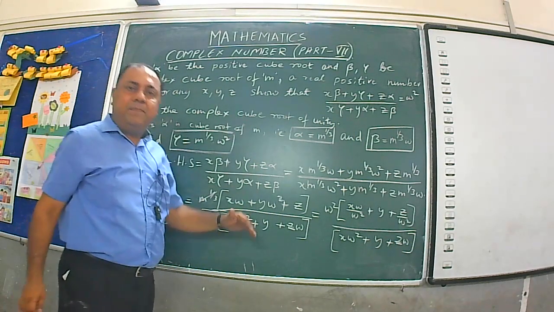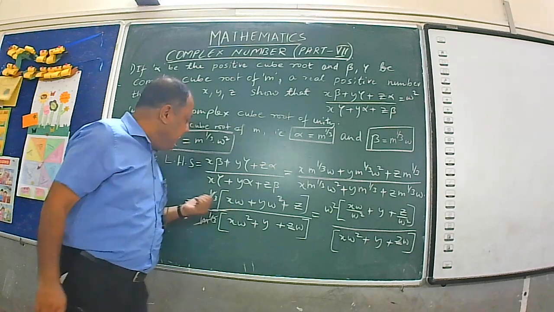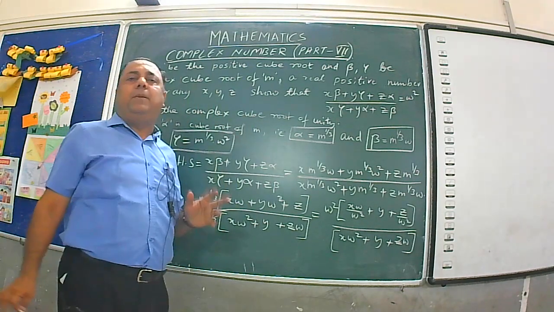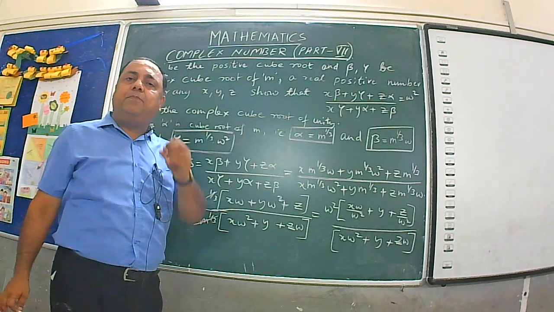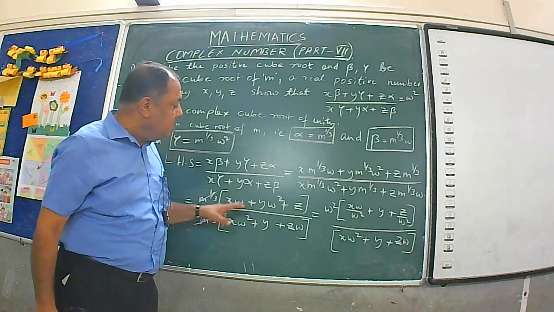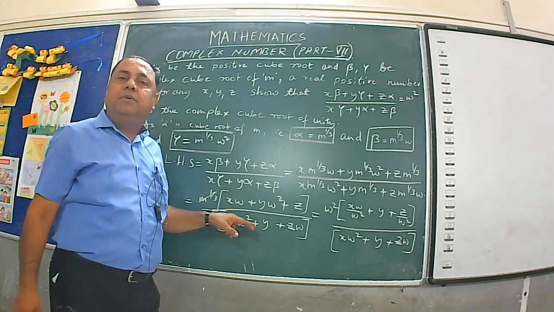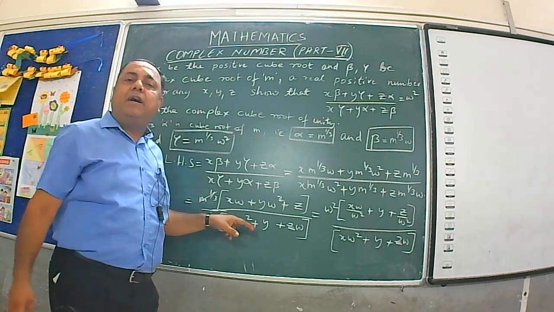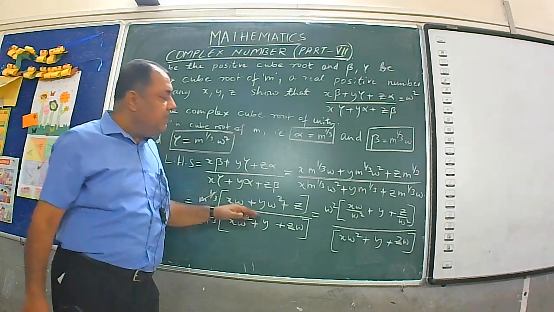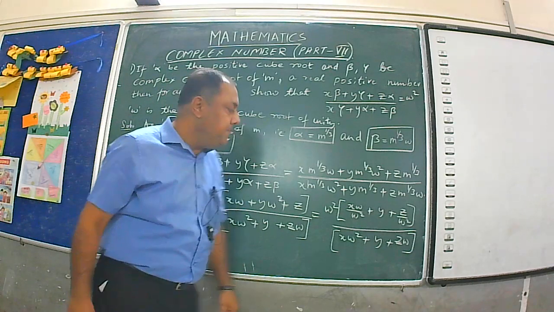Follow each step. After cancelling m one third, it becomes a simple problem. It becomes a problem which carries 2 marks. And I had worked out this particular problem in my part 4 or part 3 of complex number. Now it has reduced to that particular problem.